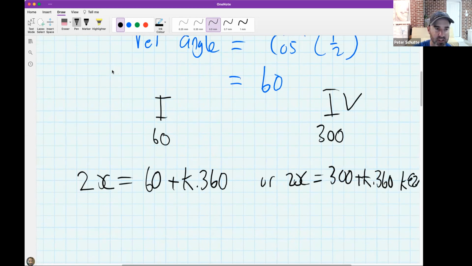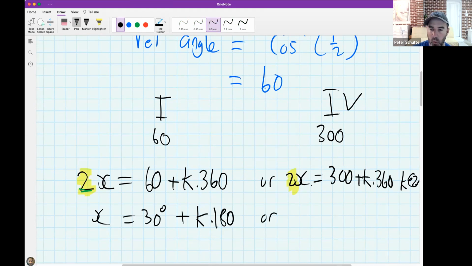But there's one extra step we need to do now. The extra step is that we need to get rid of this 2. And this is where the whole thing comes together. If we divide both sides by 2, 60 divided by 2 is 30. And what is 360 divided by 2? It's going to be 180.